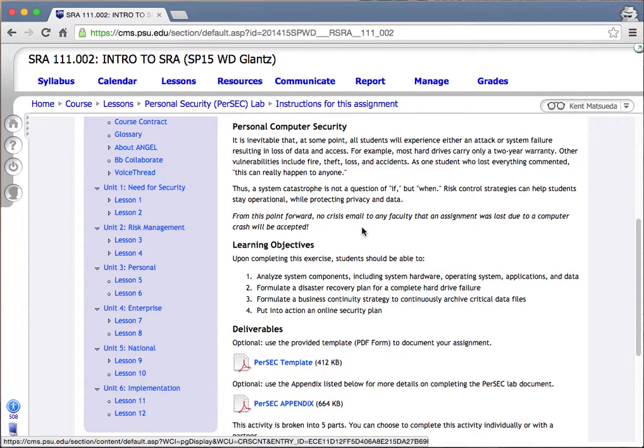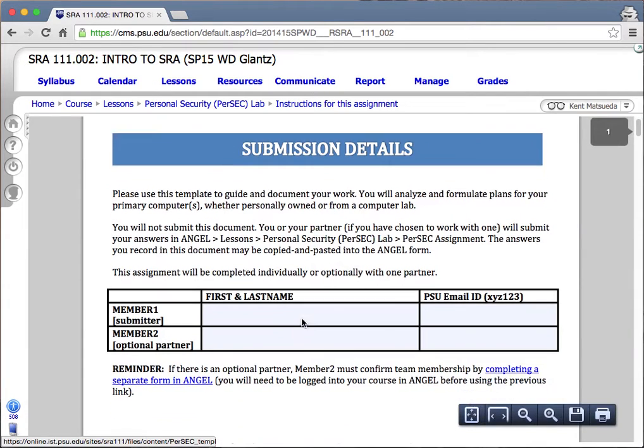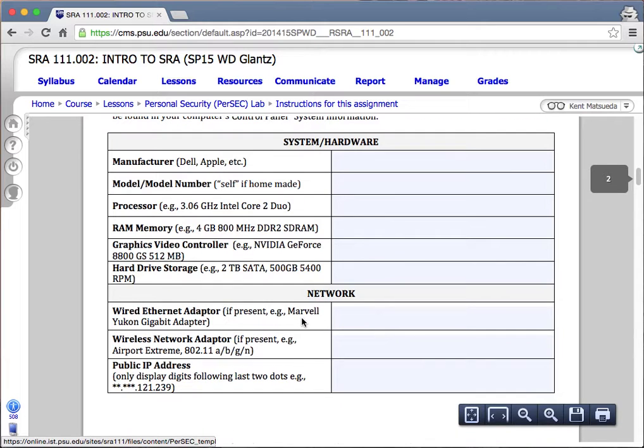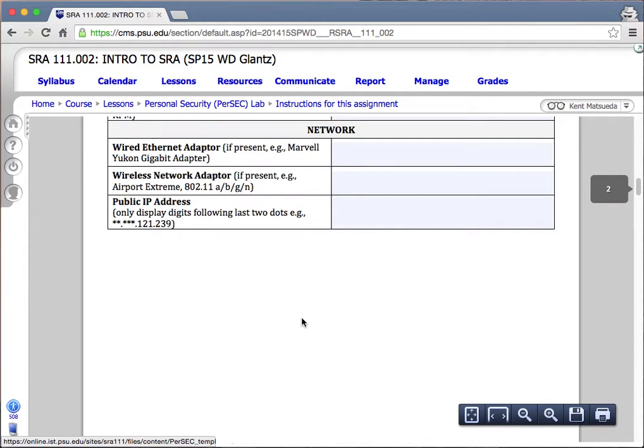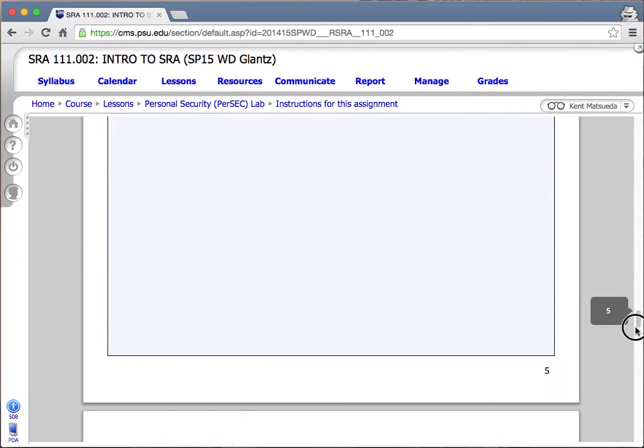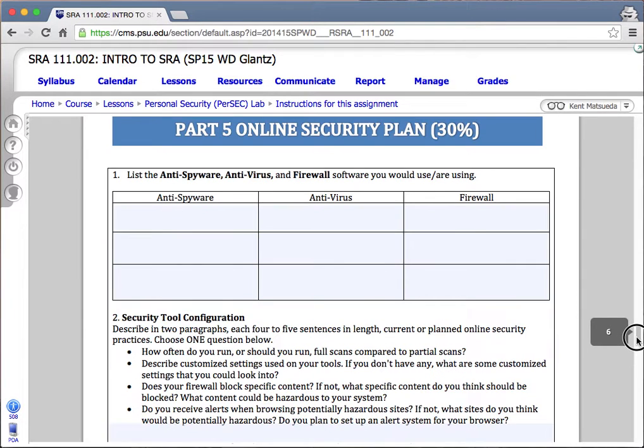A student learning about personal computer security was filling out a lot of different forms for the PerSec Lab, but it was ultimately coming to me as the instructor with an evaluation of their own system, hardware and networks, presented to me in a form through Angel, and that would be graded accordingly, based on their knowledge of their computer system.